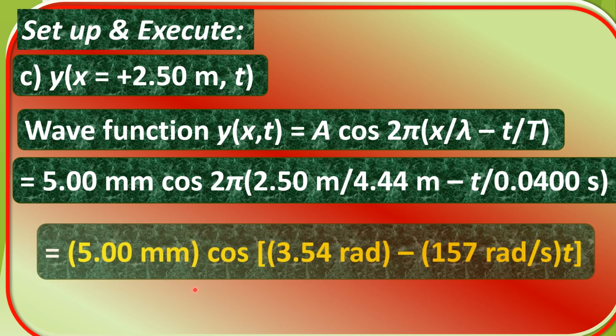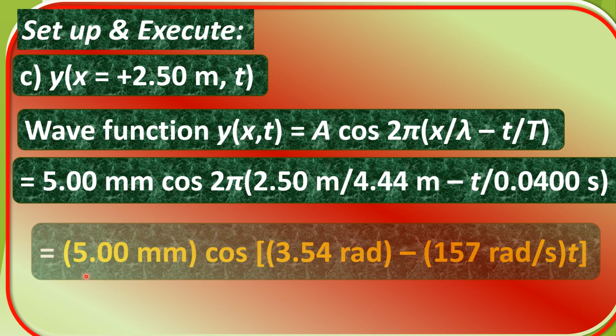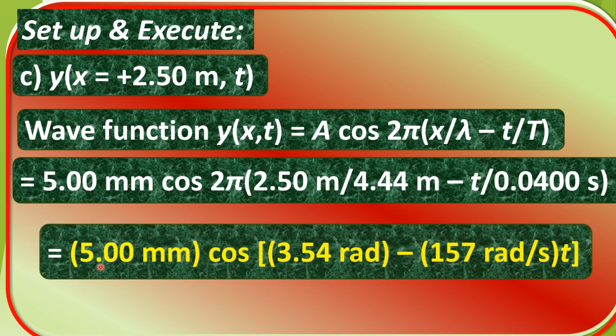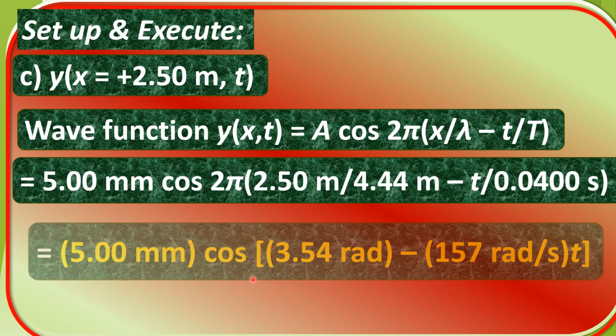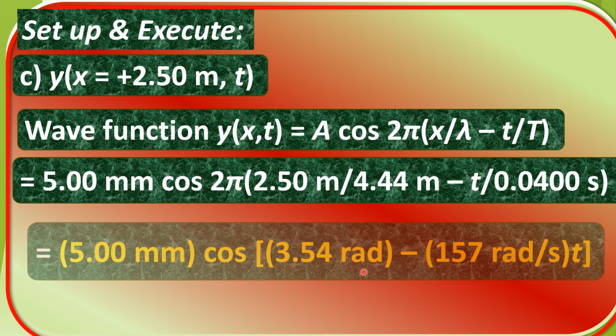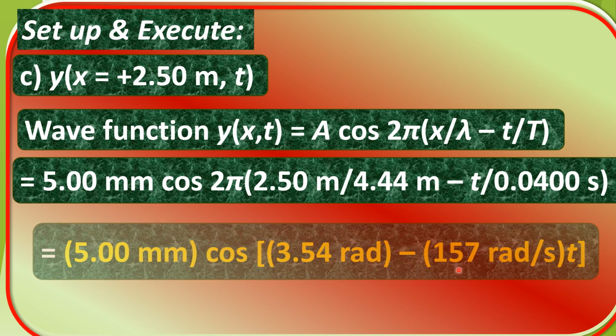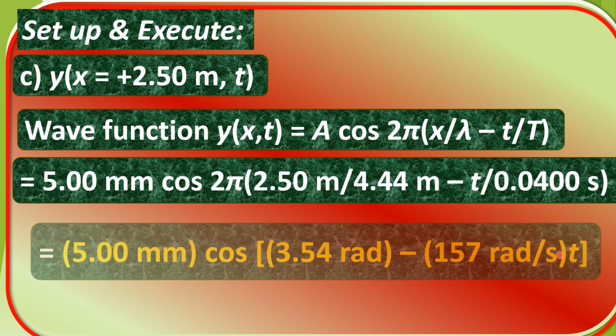So the wave function y as a function of time t is just expressed as 5.00 millimeters multiplied by the cosine of the difference between 3.54 radians and 157 radians per second, which will be multiplied by the time t.